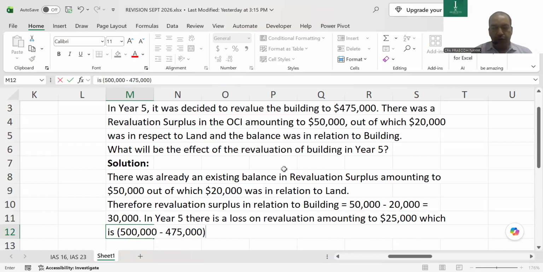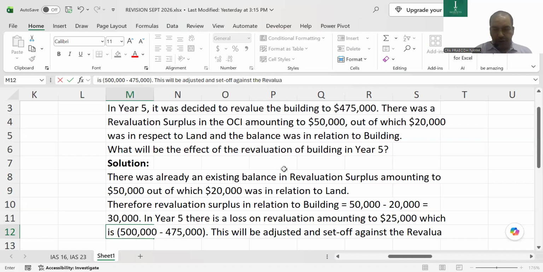So that is a revaluation loss. This will be adjusted and set off against the revaluation surplus.